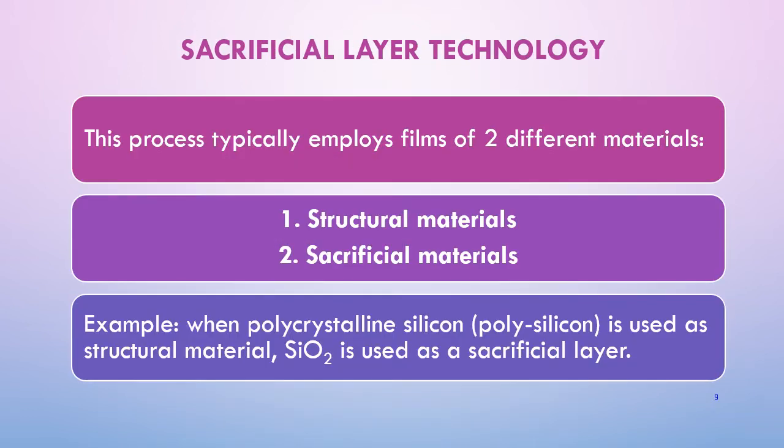In the sacrificial layer technology, usually two different materials are employed. One is the structural material, and another one is the sacrificial material. For example, polycrystalline silicon, or polysilicon, is used as the structural material, and silicon oxide is used as the sacrificial layer.